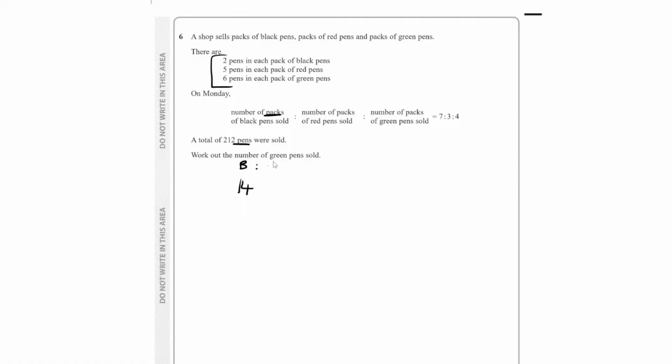And then I do the same for each one. So red, 5 in each pack, so 5 times 3 is 15 pens, and then green, 6 times 4 is 24, so that's actually now in terms of pens, no longer in terms of packs, so you have to translate it. Okay.